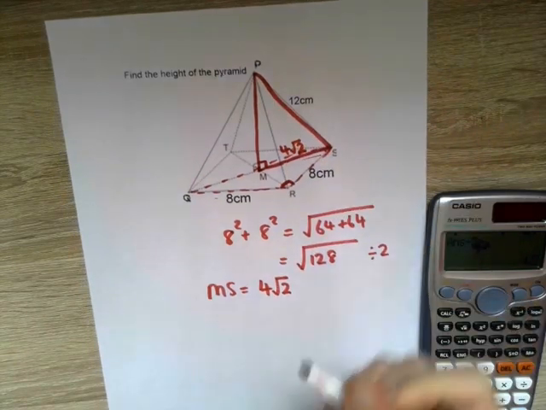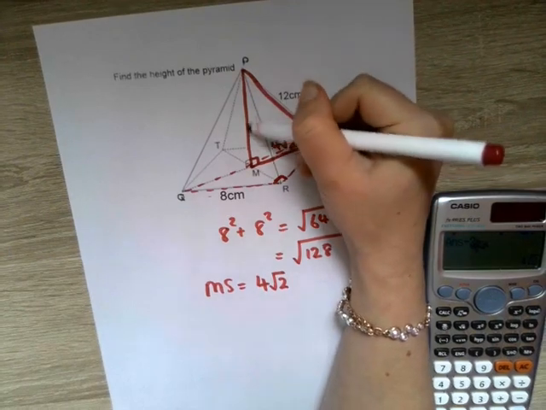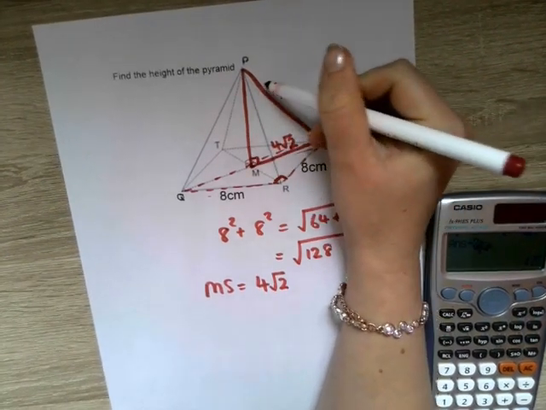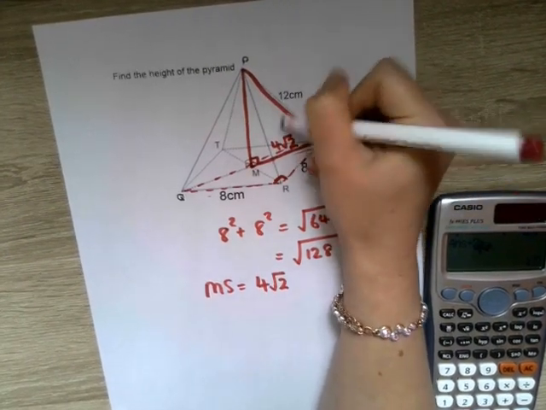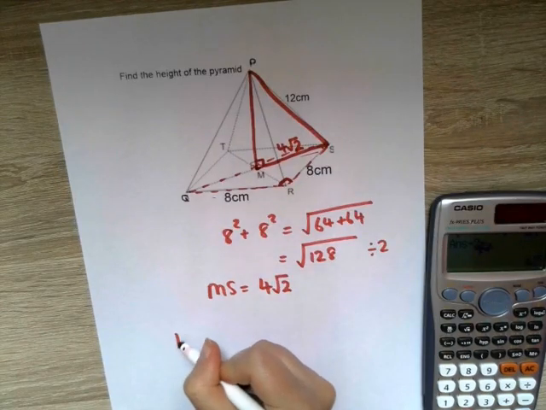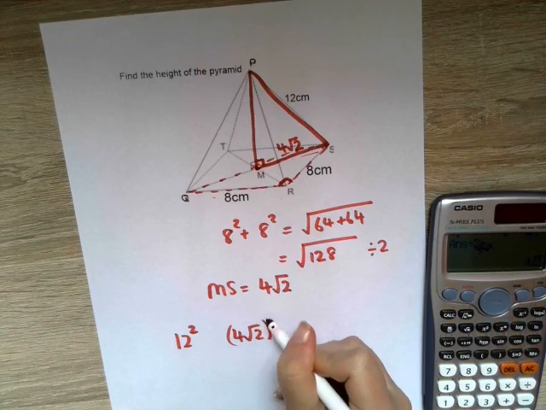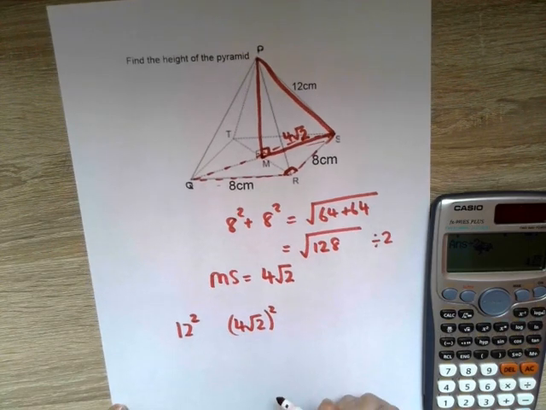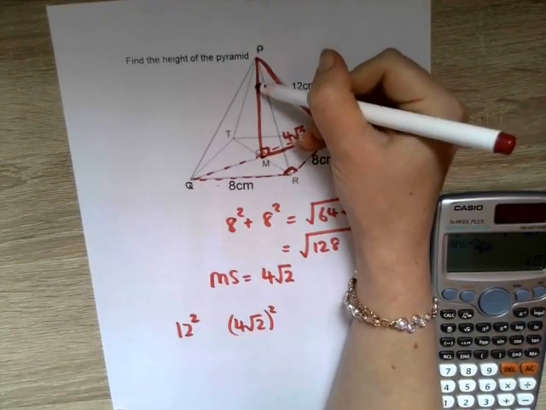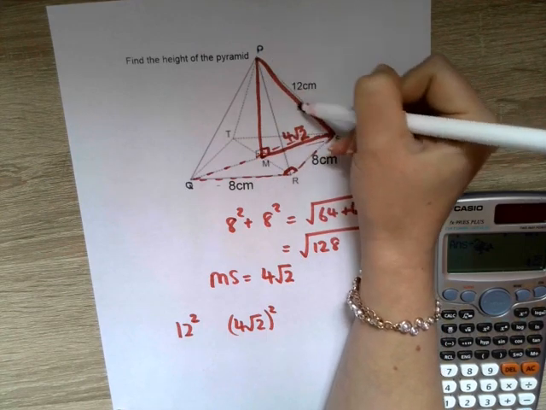And now my final step is just to do Pythagoras again on this triangle here. So I'm going to square the two sides I know, so 12 squared and 4 root 2 squared, put that in brackets so we know the whole thing is squared. This time I'm trying to work out a shorter side, aren't I, because 12 is the longer side.